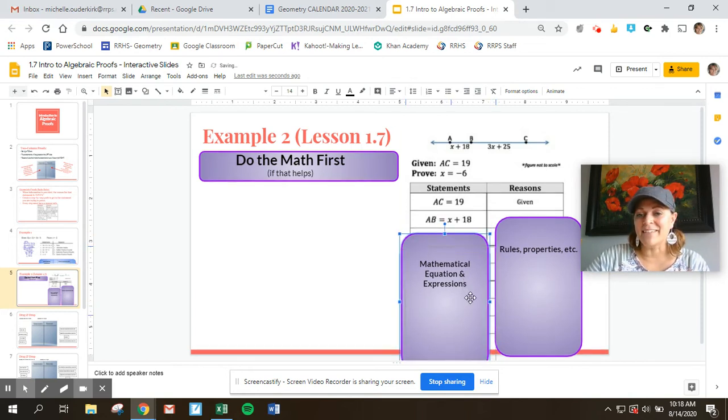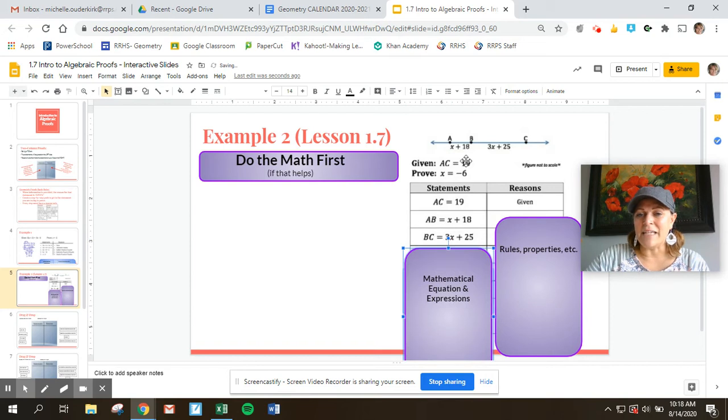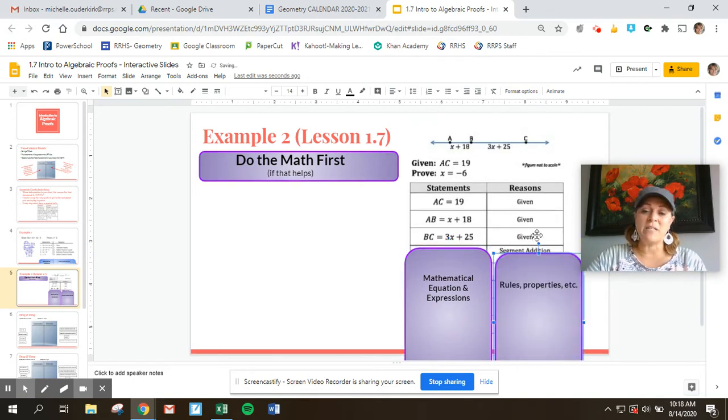So here's the math. Okay, AB equals x plus 18. So the length of AB, and it just uses the visual to write it down. So these are all given. Sometimes you have one given, sometimes you have multiple givens, and that's totally normal for geometric and algebraic proofs. And then the length of BC is also given.